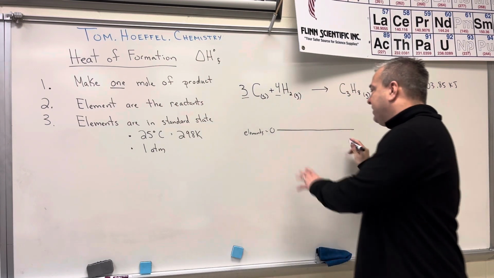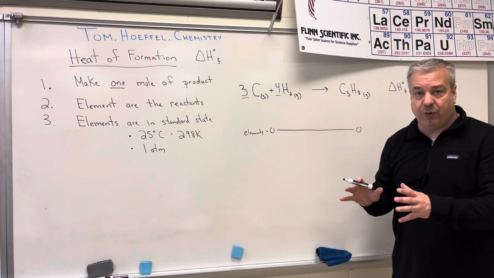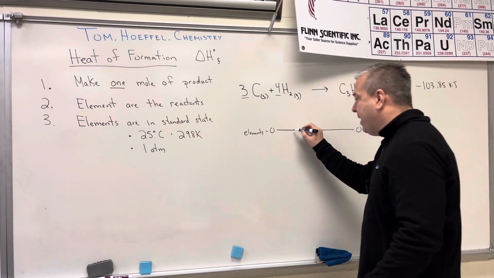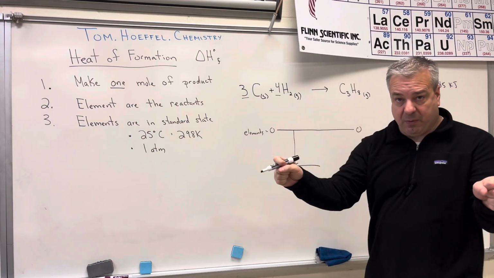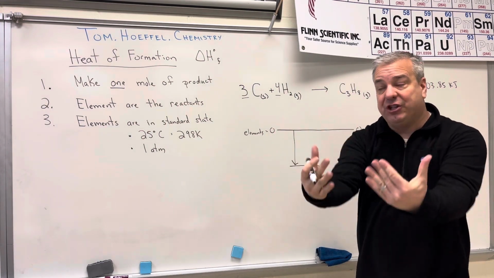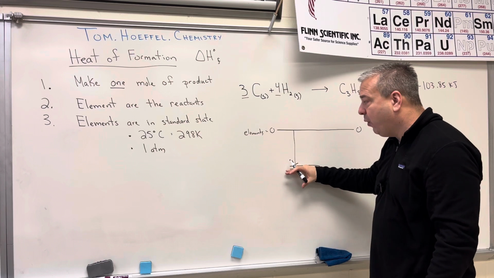So our baseline is going to be 0 for the elements, and then when these compounds are formed, remember, when bonds are formed, energy is released, so it's going to be a lower enthalpy.